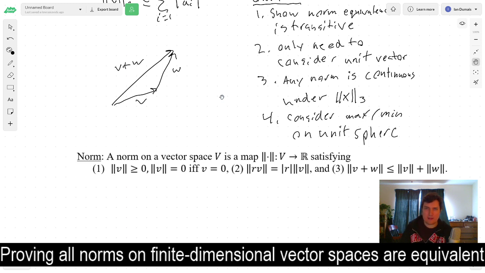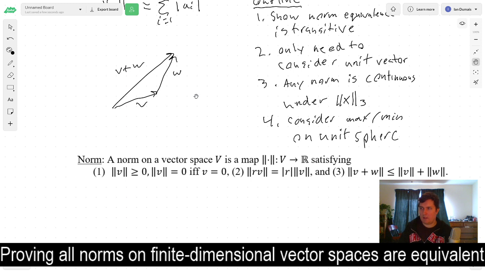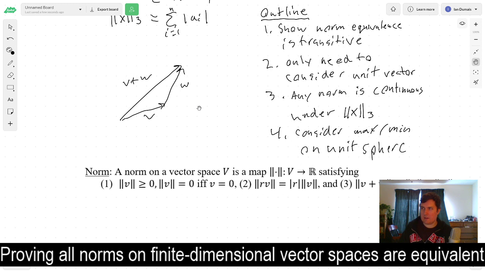We want the length of the v plus w vector to not be bigger than the lengths of these two vectors combined, because otherwise they can't form a triangle like this, and it breaks our ideas of what these vectors are doing. We want it to meet this triangle inequality. The triangle inequality is the tricky part of norms, but once you have a norm, it's also a very powerful part of it. So it's a good thing to have in our definition.